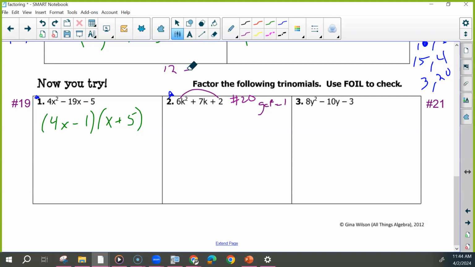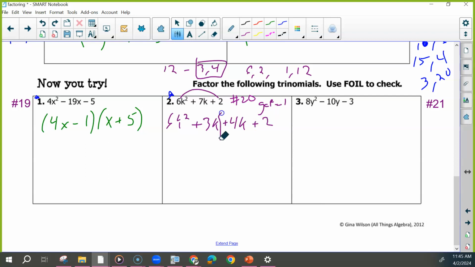What times will give us 12? 3 and 4. 6 and 2. 1 and 12. So of those, which ones would add to be 7? 3 and 4. So we have 6k squared plus 3k plus 4k plus 2.